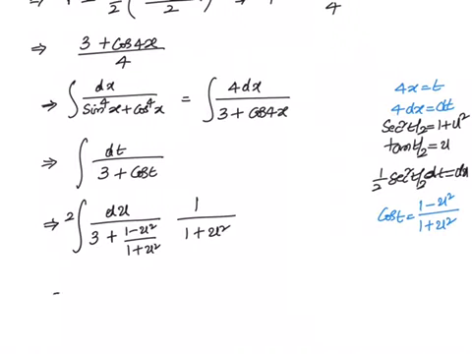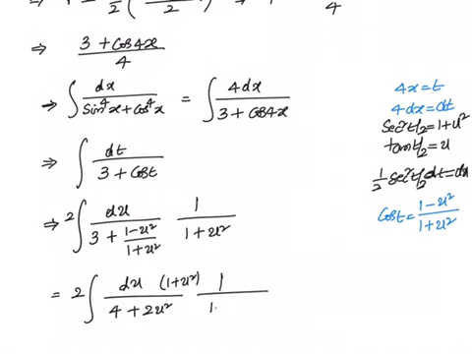In the next step we will have 2 du divided by, take LCM, we will have 3 plus 1, 4 plus 2u square, and 1 plus u square will come to numerator, and we have one more 1 plus u square here. They both will cancel. So left out is 2 du by 2u square plus 4.